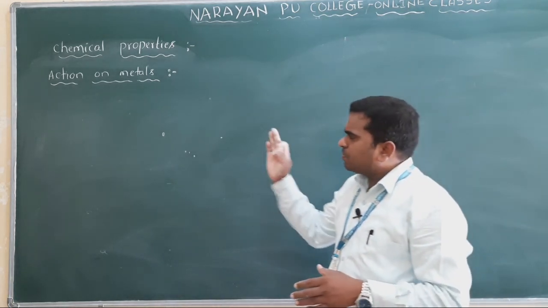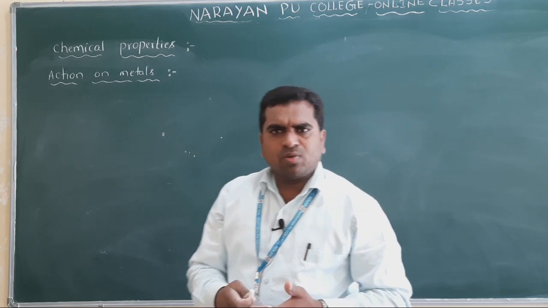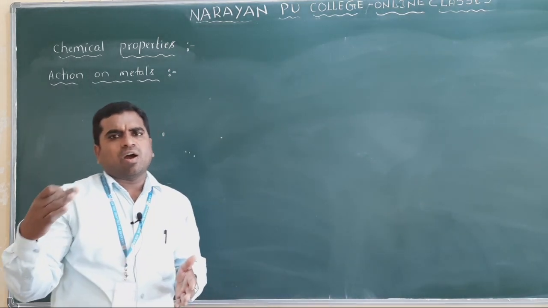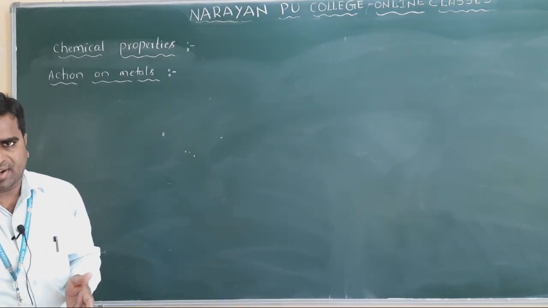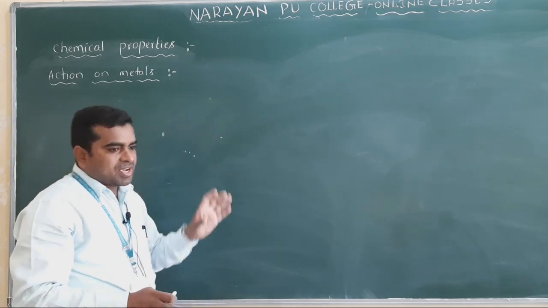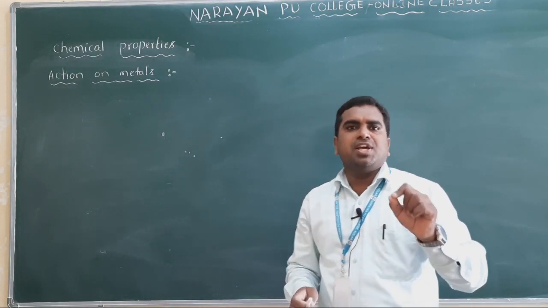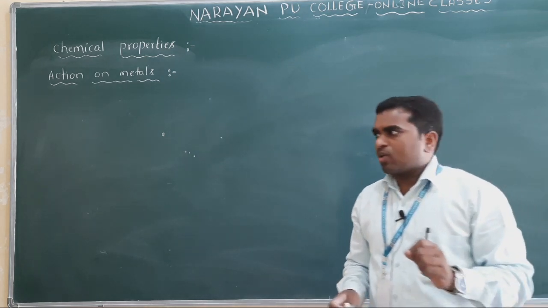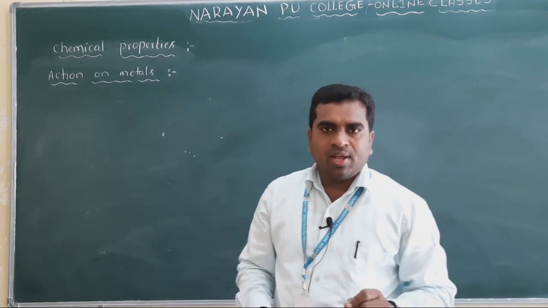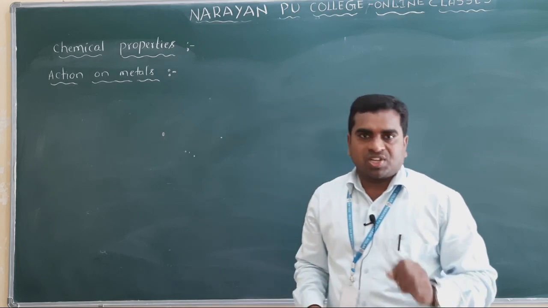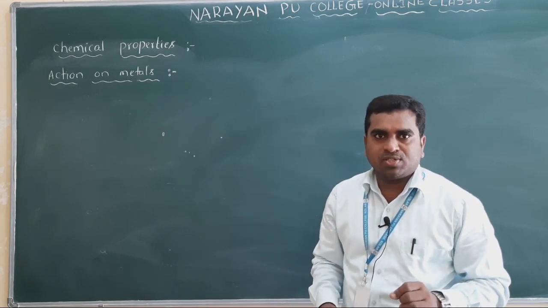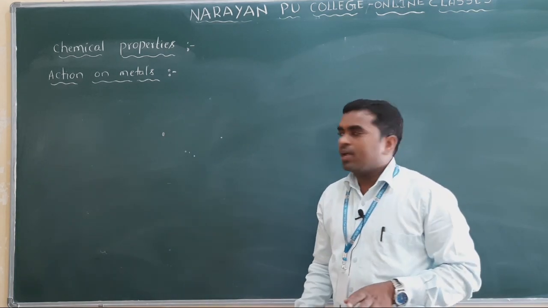Except these, concentrated HNO3 will react with almost all the metals. But the product formation depends on the very important factors: the nature of the metal, the concentration of the solution, and the temperature. Clear?